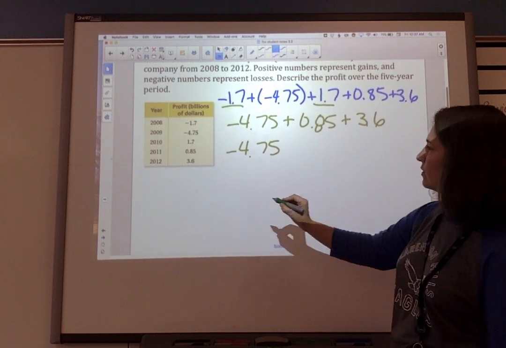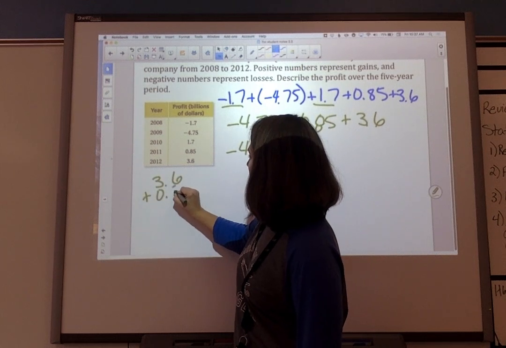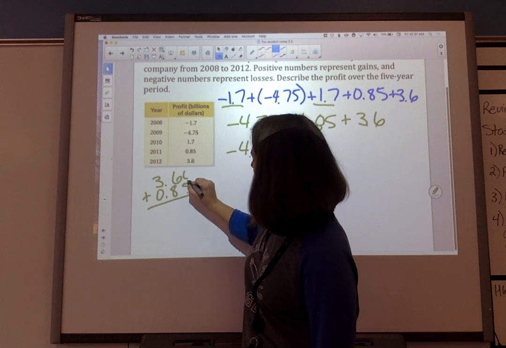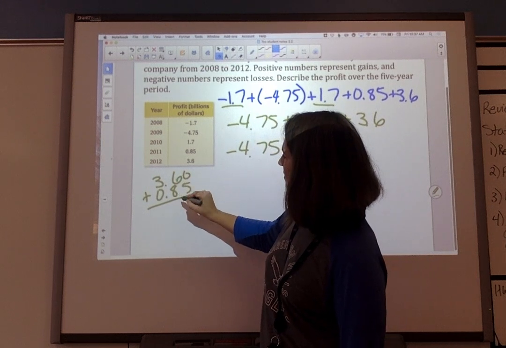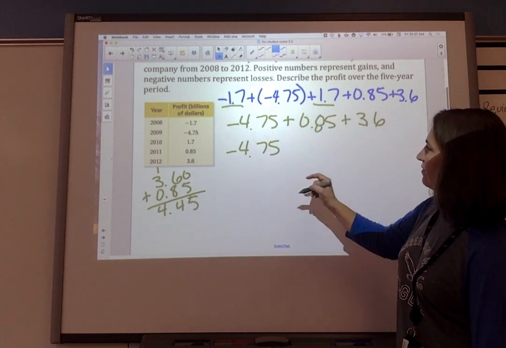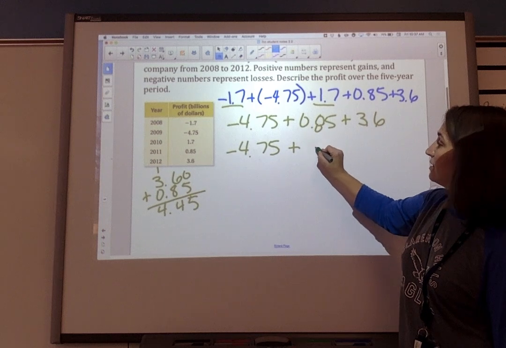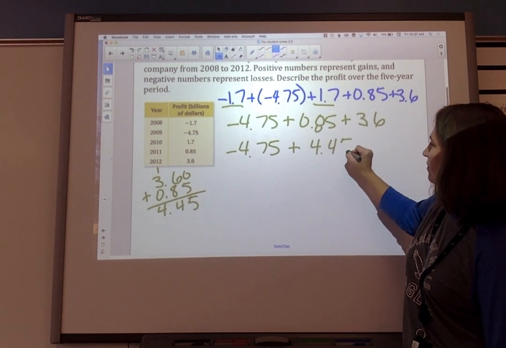If I need to, I can do a little work off to the side. 3.6 plus 0.85. 5, 6 plus 8 is 14. So 4.45. So negative 4.75 plus positive 4.45.